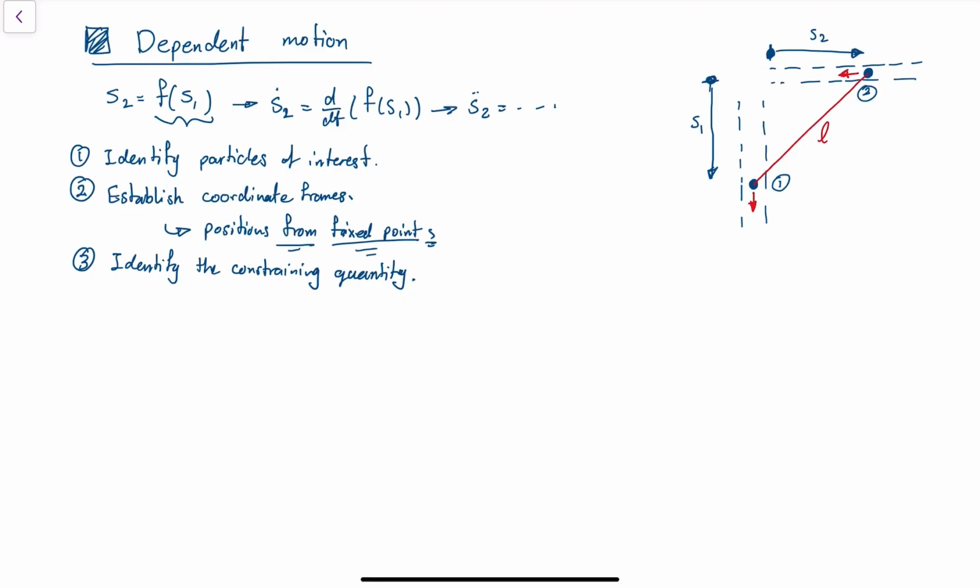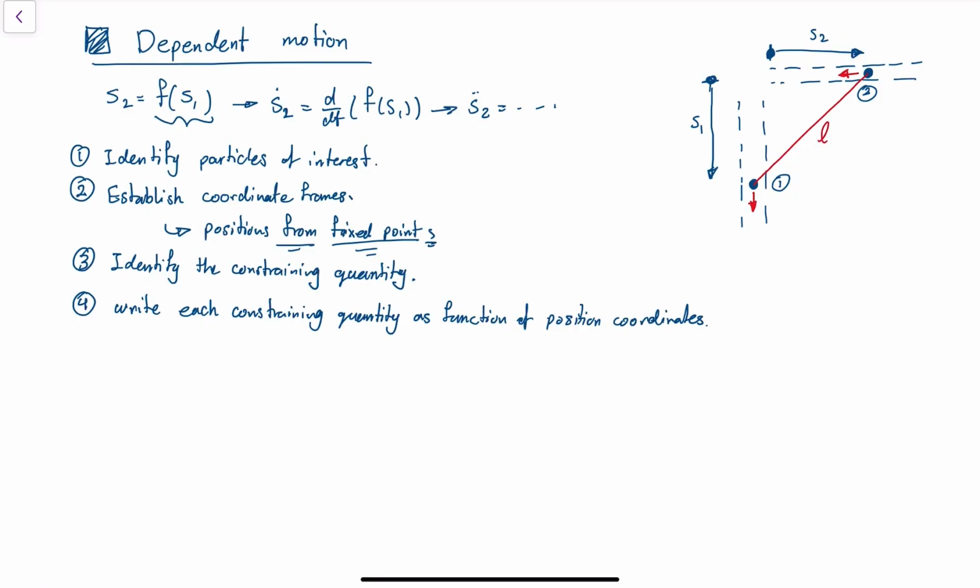And the last one, maybe not the last one: write each constraining quantity as a function of position coordinates.